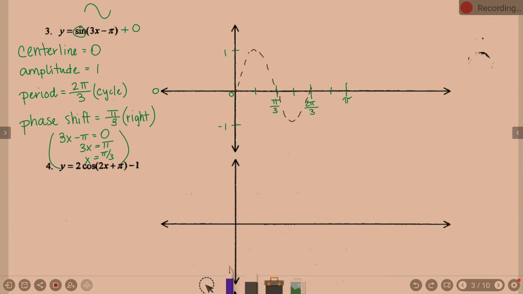So instead of starting at 0, where would my cycle start? At pi over 3. Instead of having a max right there between 0 and pi over 3, my new max is going to be between pi over 3 and 2 pi over 3. So move each piece 2 marks over.